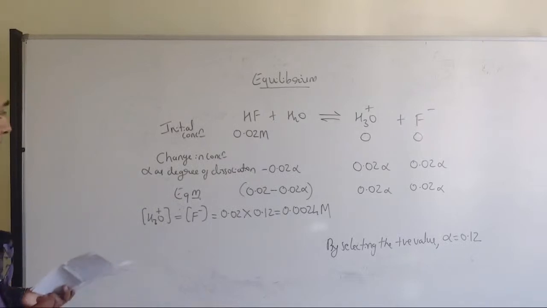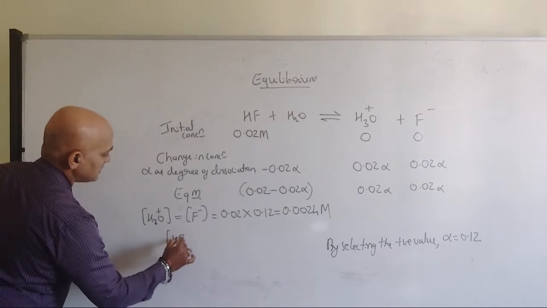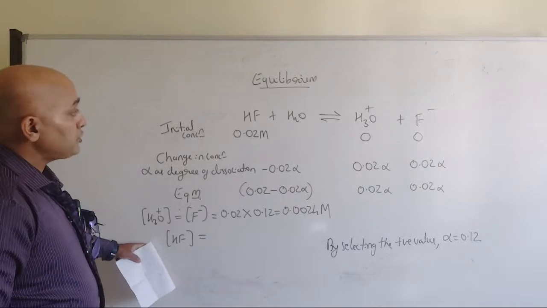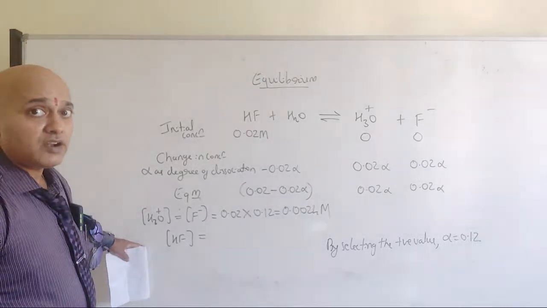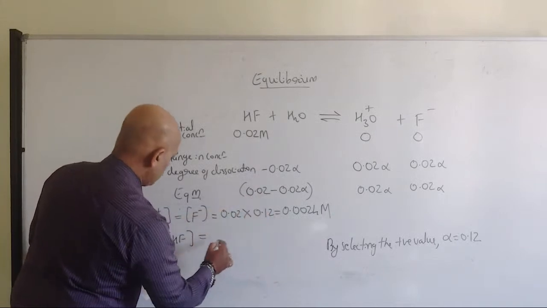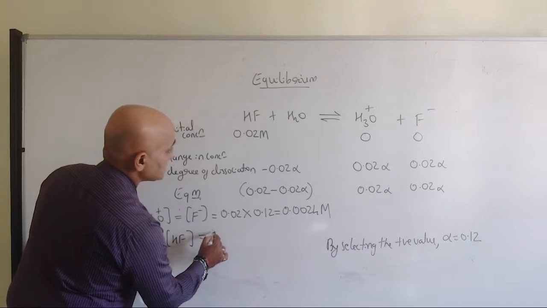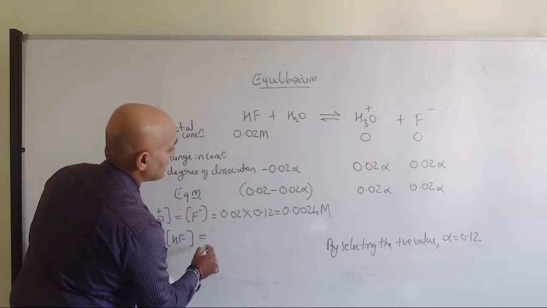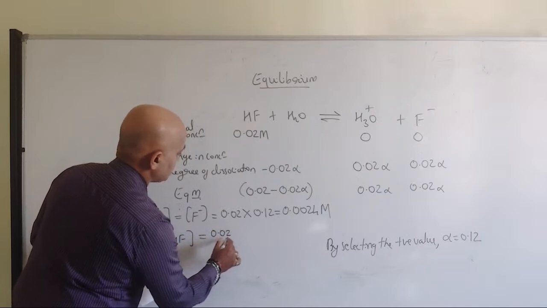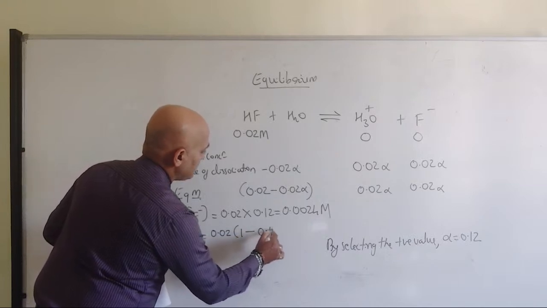Molar. Okay? Same way, when I am talking about hydrogen fluoride concentration, don't talk about water. Water we are not considering. So it will be 0.02, right? That means C into 1 minus alpha, right? So C is 0.02, 1 minus 0.12.